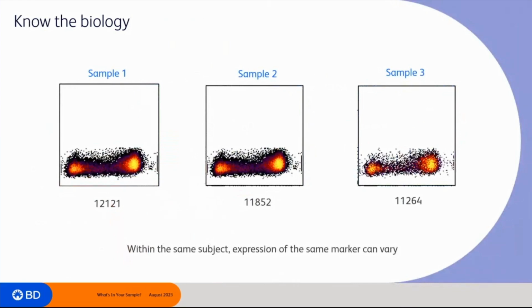It is also important to understand that expression can change over time or with certain conditions, such as after treatment or when reactive. For example, what we have here within the same subject shows that marker density can vary slightly.